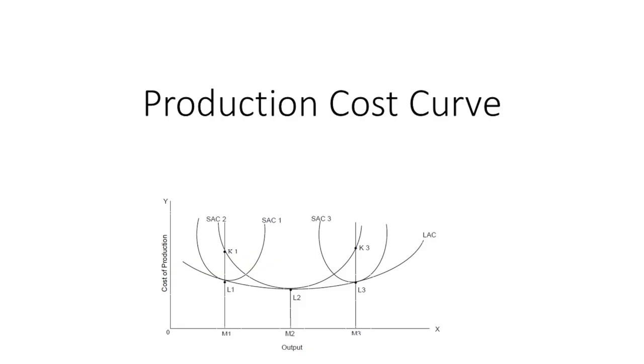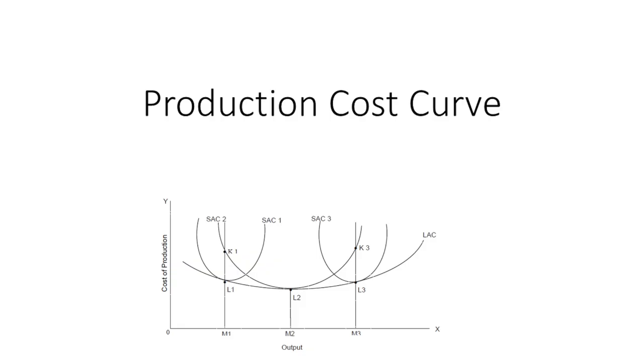So we can see the optimal level of production can happen at this plant capacity for this scale of production at L2M2 cost. Now when we see the short run average cost SAC3, for producing OM3 output, the long run average cost is L3M3, but the short run average cost is K3M3.